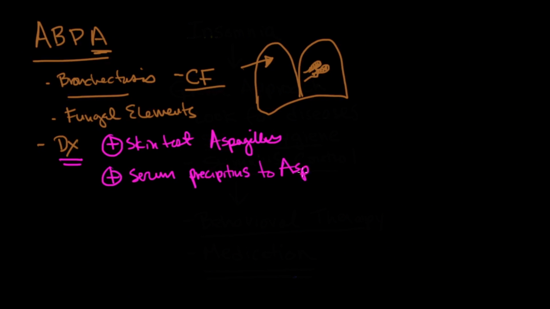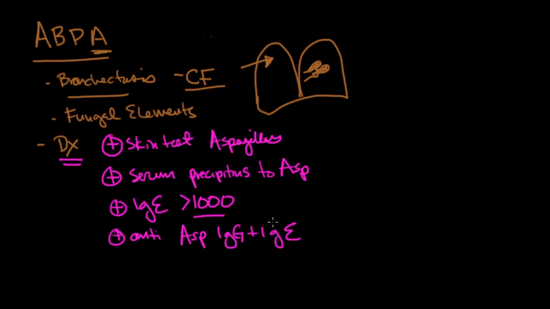The third thing that you're going to see is an IgE level that's very high, usually greater than 1,000. And then finally, you're going to see antibodies, if you will, to Aspergillus, IgE and IgG. So you don't need all four of these things, but typically you'll see two or three of these things.